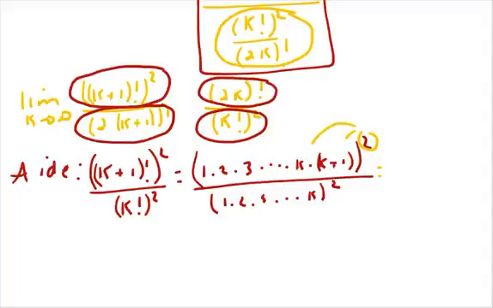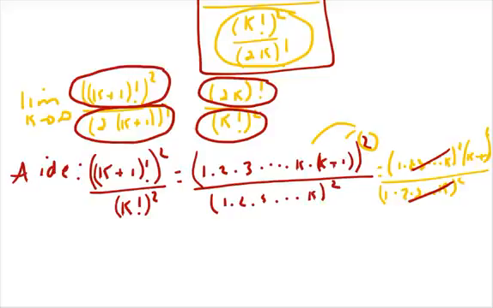So this is the equivalent of 1 times 2 times 3 times k, squared, times (k plus 1) squared, over 1 times 2 times 3 times k, squared. So these two things can cancel out, and what you're left with up top is (k plus 1) squared.